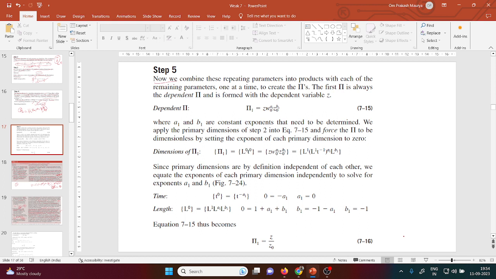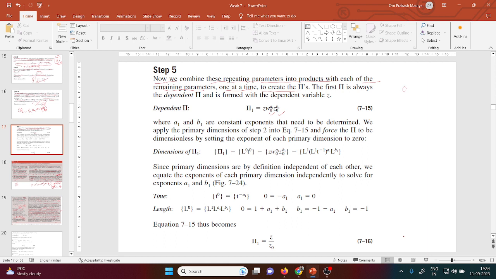Now we combine these repeating variables, repeating parameters, into the product with each of the remaining parameters one at a time to create pis. Let's read again. Now we combine these repeating parameters, W naught and Z naught, into product with each of the remaining parameters.